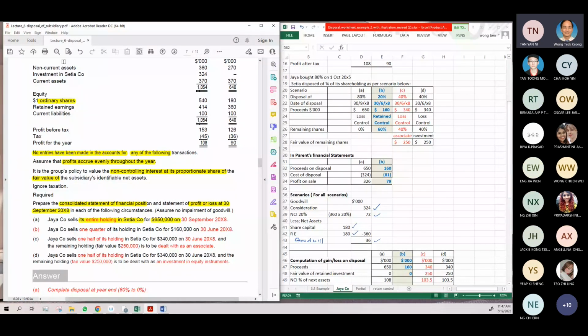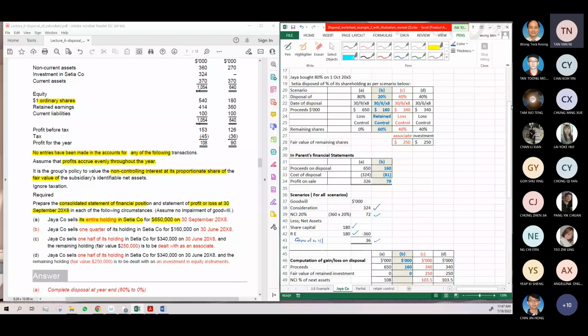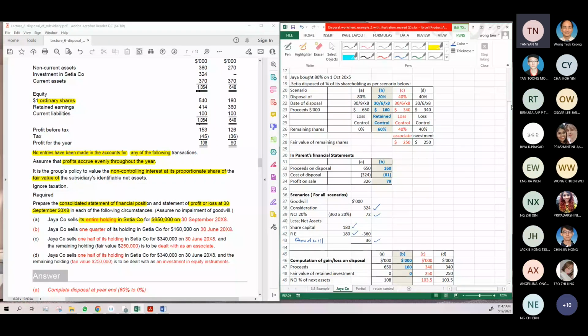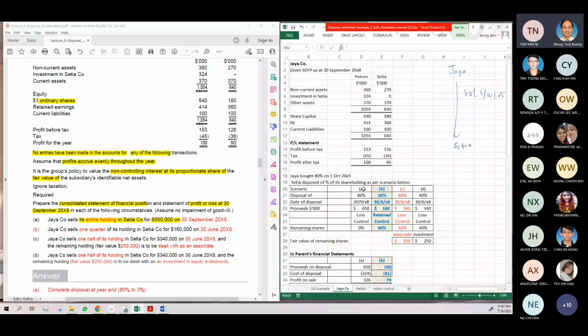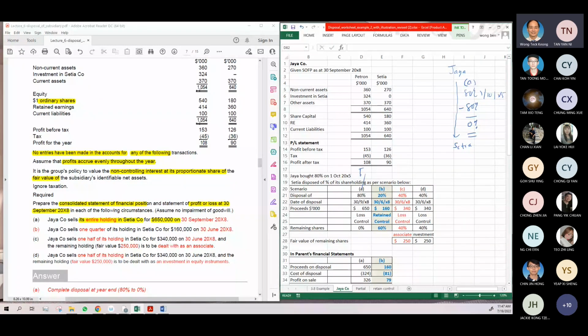So we summarize here. We call this full disposal, first one. You dispose of everything, so you get 0%.